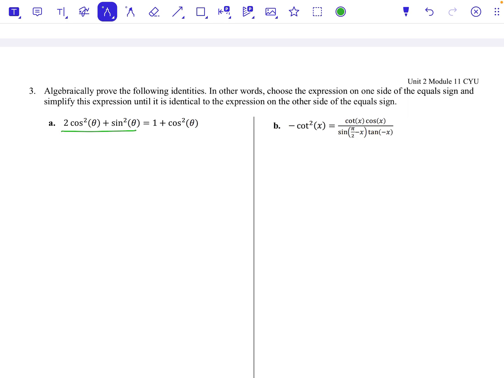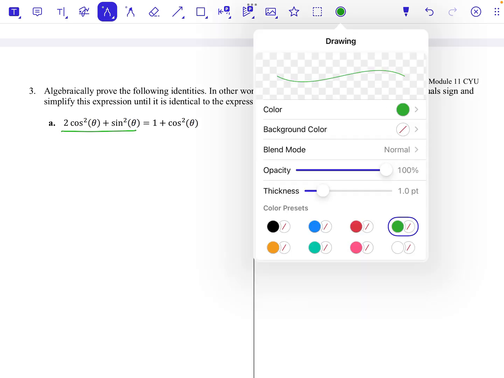Now, it's really tempting to think cosine squared theta, sine squared theta, it's a Pythagorean identity, I'm done. But it's not, because that's 2 cosine squared theta, but it's not a 2 sine squared theta, so I can't just use a Pythagorean identity here. But I can replace sine squared theta.